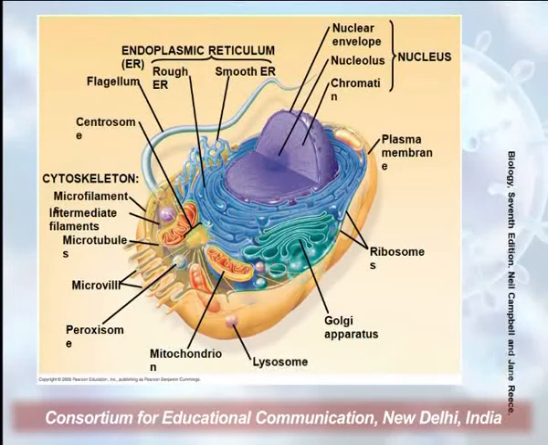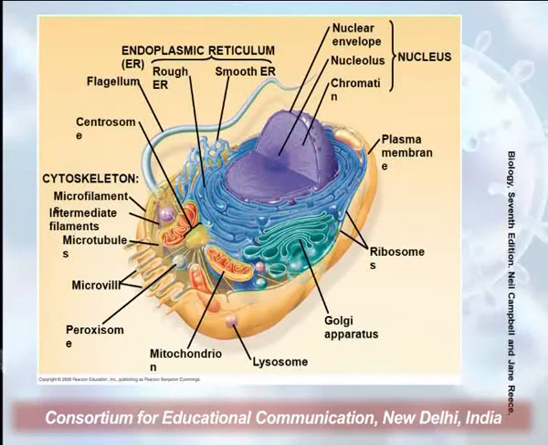Apart from them, there are endoplasmic reticulums, which are the rough endoplasmic reticulum and the smooth endoplasmic reticulum, which is attached to the nucleus through the nuclear membrane. Now the nucleus is broadly divided into many different regions. There is an outer nuclear envelope. Within this there is chromatin, which is many times in the form of a dense structure referred to as the chromosome.